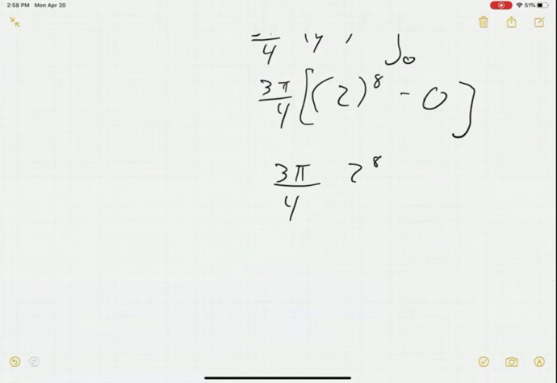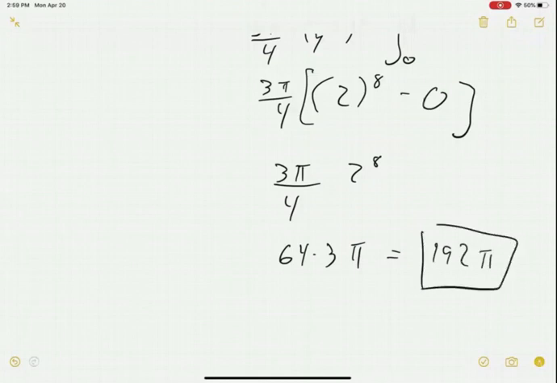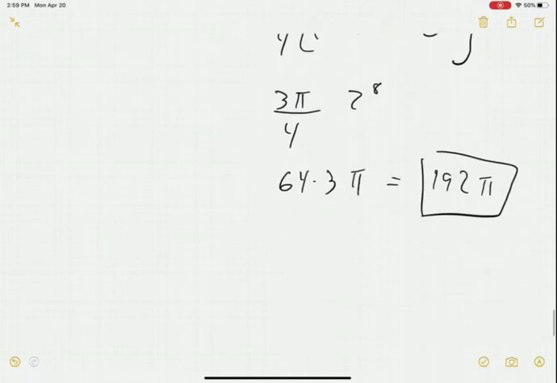That's 64 times 3 pi, which is 192 pi, I think. So let's check the back of the book real quick. This was number 11. Yes. Okay. Any questions?